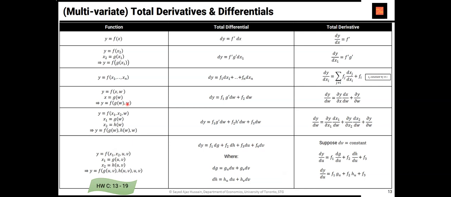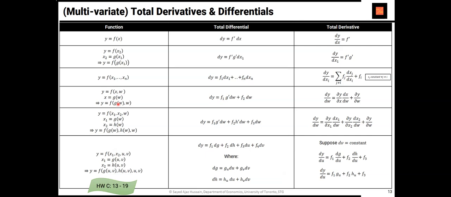W changes and you wonder what the total change in y is. If you got the logic so far, the total change in y, well, first the change in f due to the change in g, that would of course be your differentiate f with respect to the first argument. See, there's two arguments here. So f1 means differentiate f with respect to g. Then differentiate g with respect to w. That's your g prime.